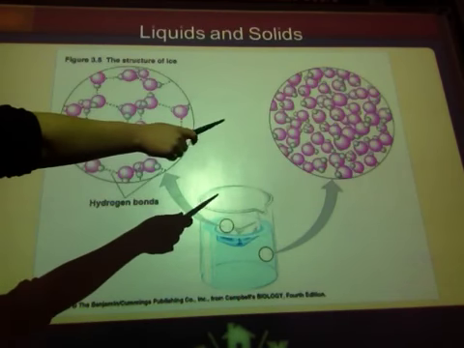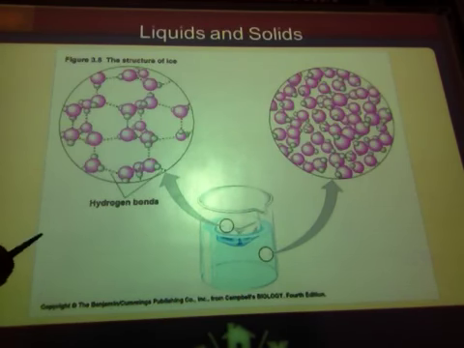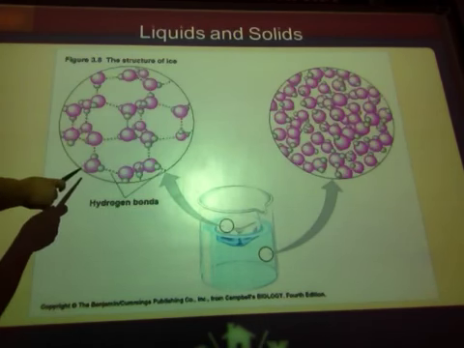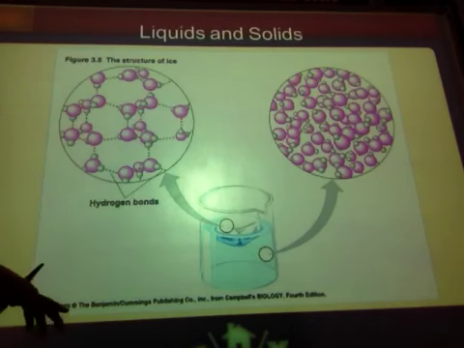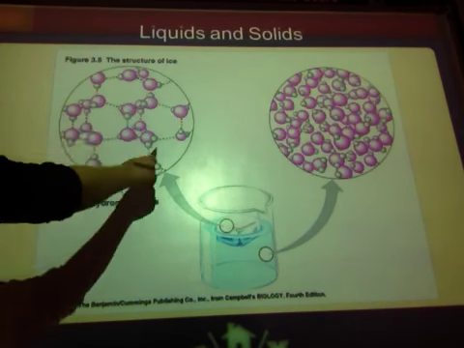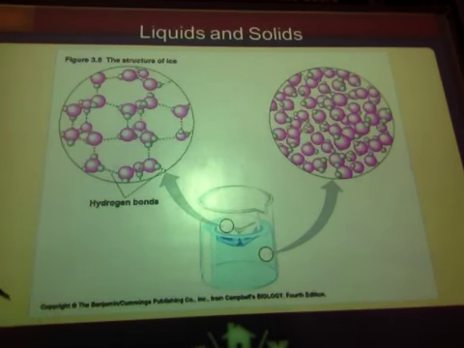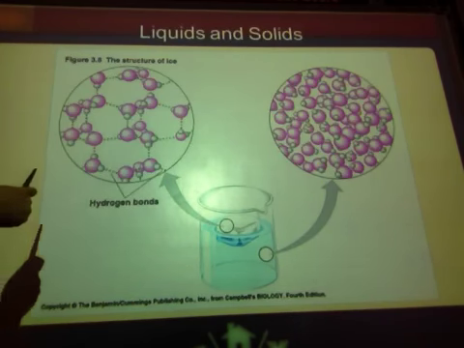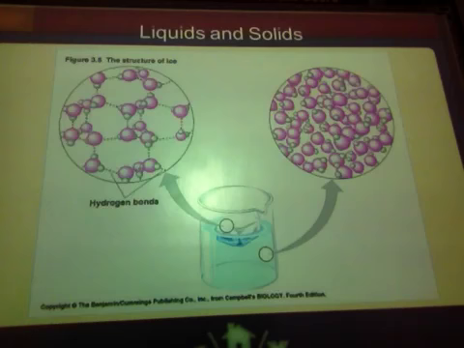And in the other one, I don't have very much open space. Those water molecules are very close together, and they're able to flow around. But the reason that ice can float on water is because of these open spaces here in ice. And this, again, is one of the rare examples that we have of a solid being able to float on that liquid.